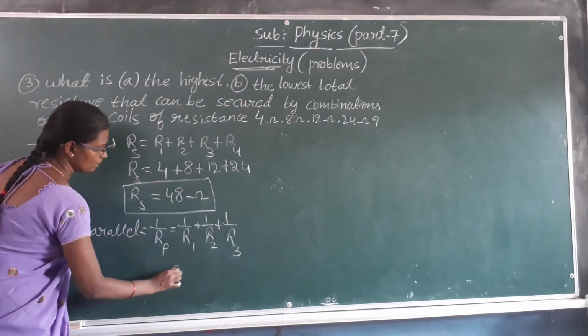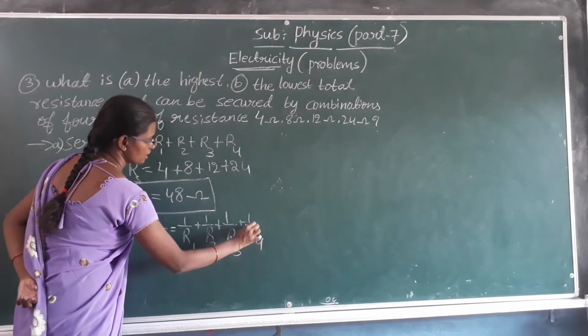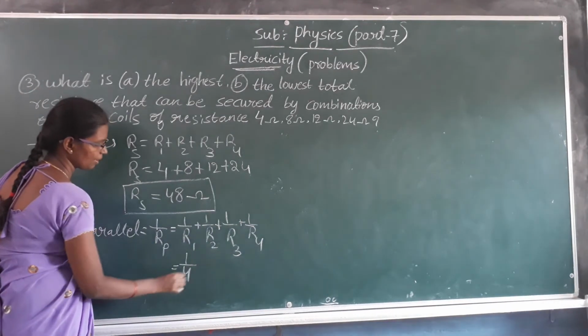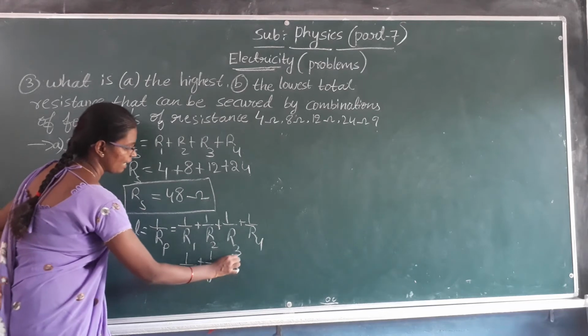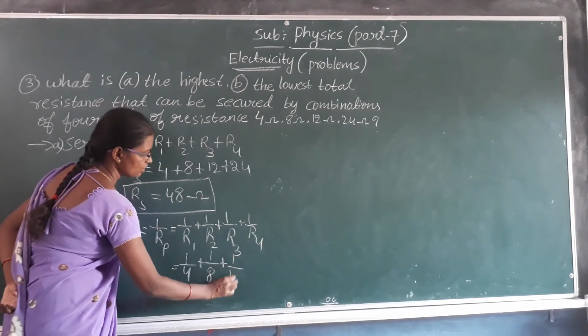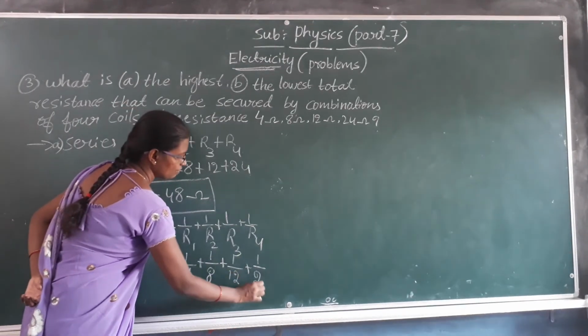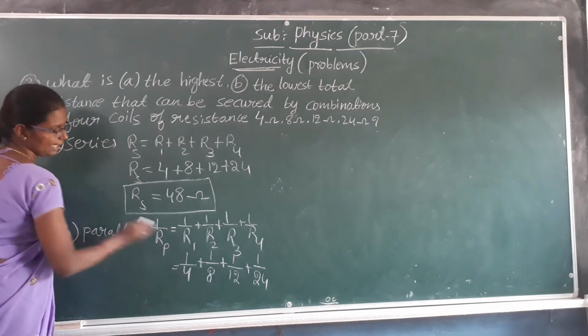So substitute values: 1 by R1, R1 is 4, plus 1 divided by R2, 8, plus 1 divided by R3, R3 value is 12, plus 1 divided by R4, R4 value is 24. Then we have to find the LCM.